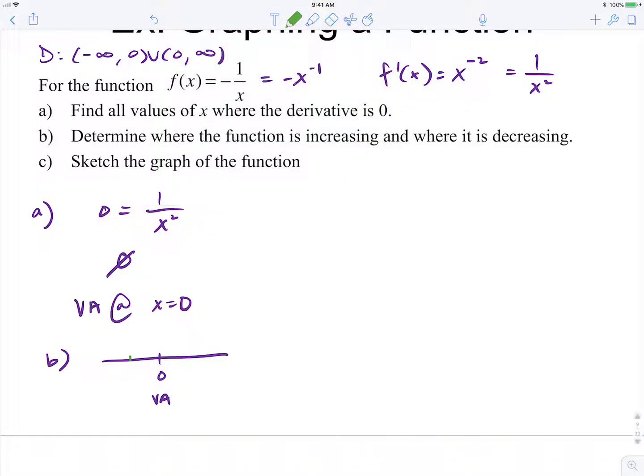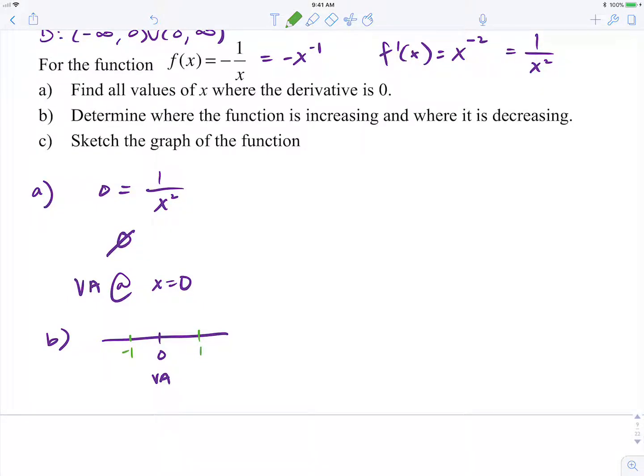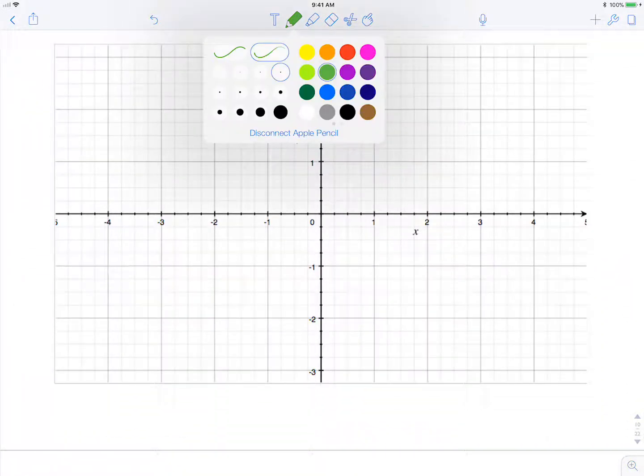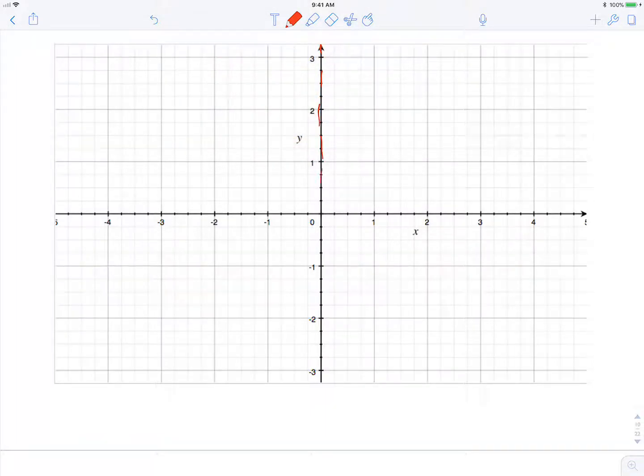So putting negative 1 and 1 on the analysis line again, f prime of negative 1 would just be 1. f prime of positive 1 would also be 1. So the function f is increasing to the left and the right of 0. Now, we know there's the vertical asymptote at x equals 0.